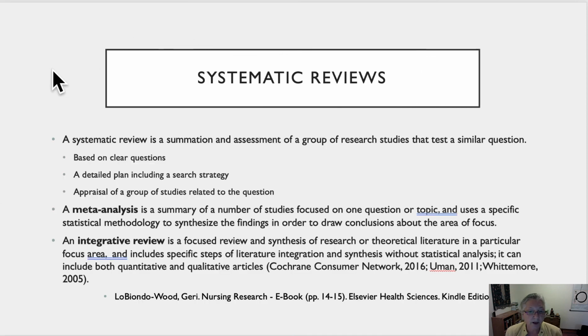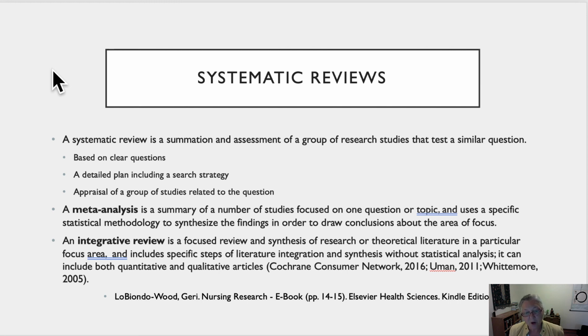Let's talk a little bit about systematic reviews. A systematic review is a summation and assessment of a group of research studies that test a similar question. The questions need to be clear, and you need to have a detailed plan for your search. Now, there are whole books written about the Cochrane Review, which is one of the strategies that a lot of people use.